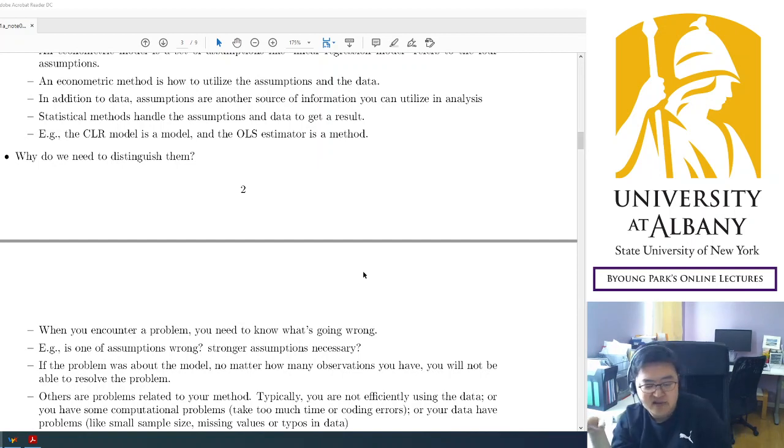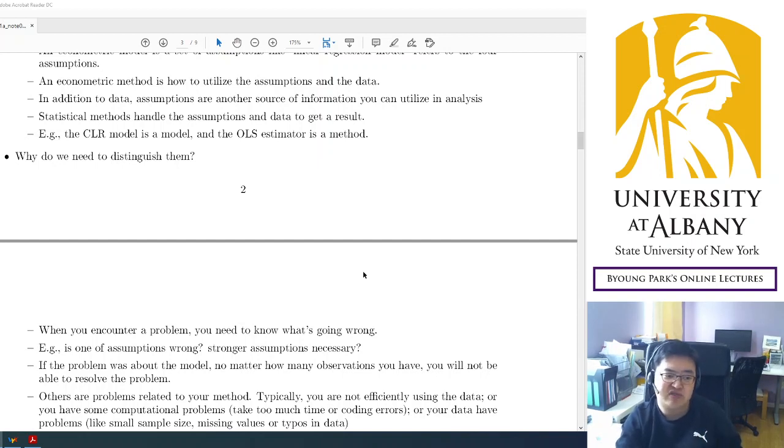On the other hand, if the problem is coming from the method, then you have to think about your data or your program. Your model is correct, general enough, strong enough, but you encounter some problems. There may be a computational problem, or your method is not efficient enough or accurate enough, or your data may not be enough.